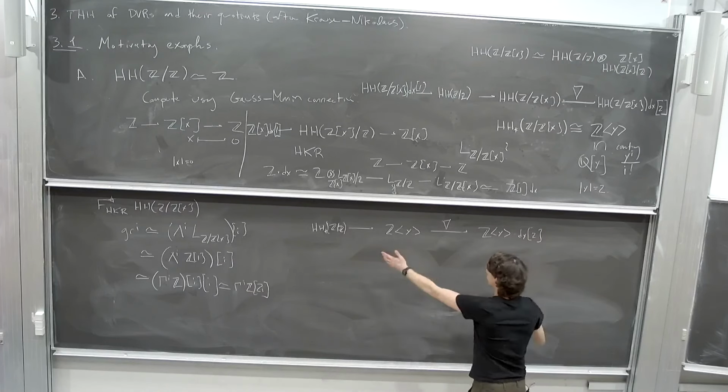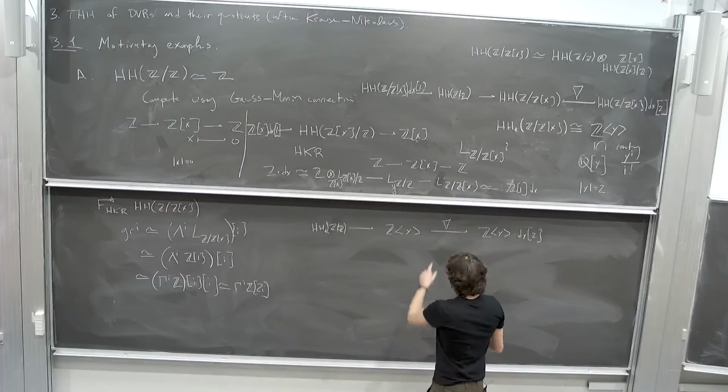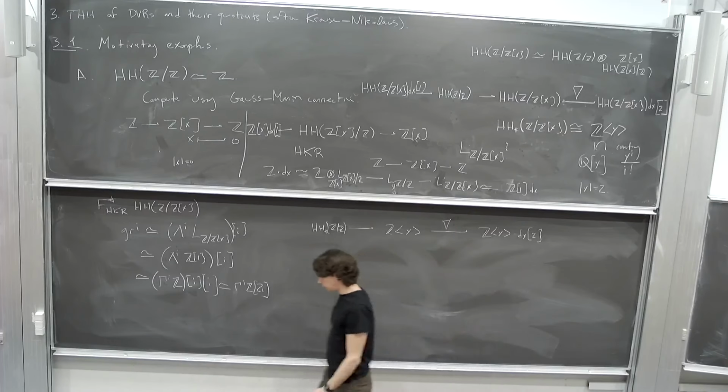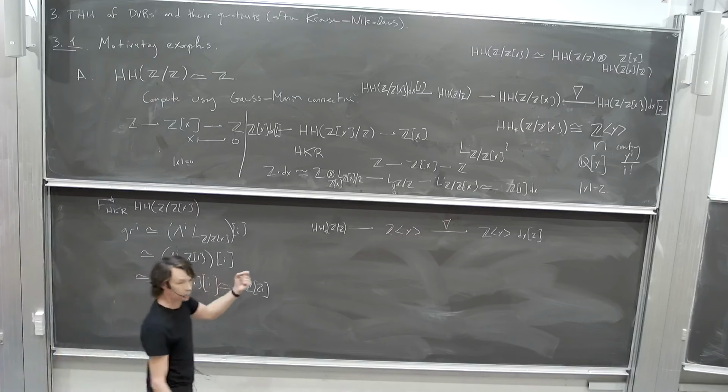I'm not quite sure what category this is taking place in. And this nabla is some sort of derivation, and what form must it take to get the corresponding answer?